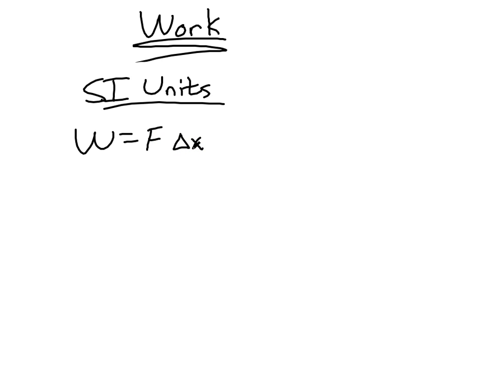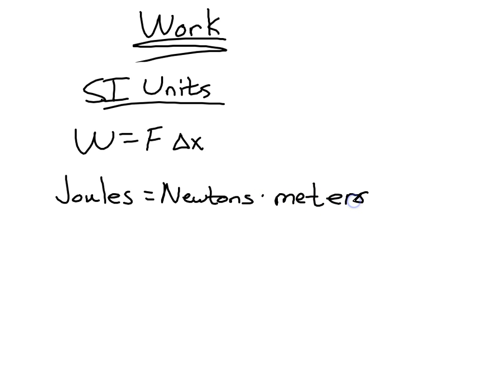We know that if you put the cosine in there, cosine of an angle has no unit. So work is actually measured in joules. And energy is measured in joules. The force is in newtons. And the change in x is in meters. So really, J for a joule is equal to a newton times a meter, or what we call a newton meter.